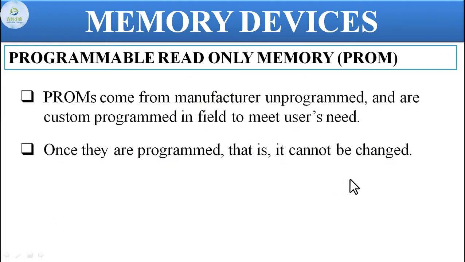The first kind of ROM that we are going to discuss is programmable read-only memory, that is PROM. The PROM comes from the manufacturer unprogrammed, that means the instructions are not recorded or pre-burnt. You need to record the instructions you want, very specific to your need.